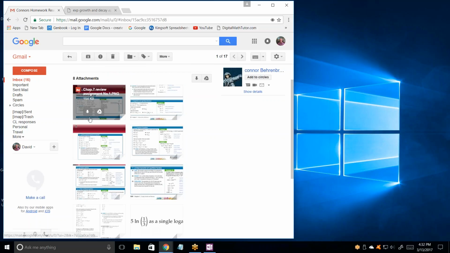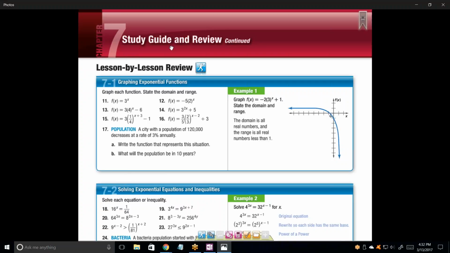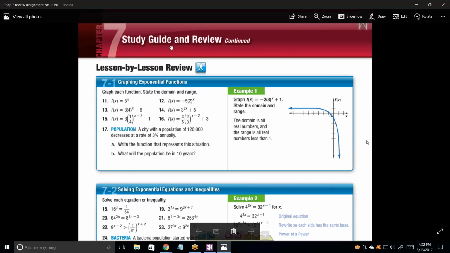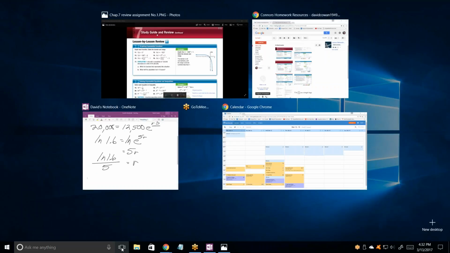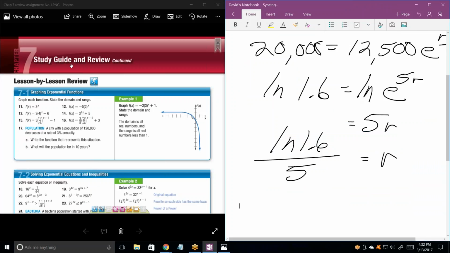It's just a review assignment for tomorrow's test. And we're starting with number 12 on that page. Let me make sure I don't have anything else open that I shouldn't. And I've got this recorded.